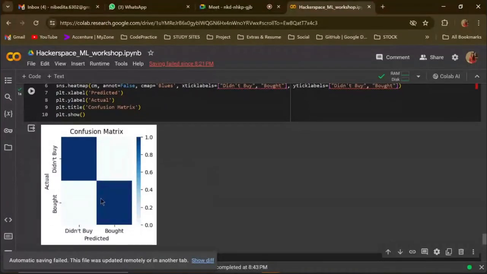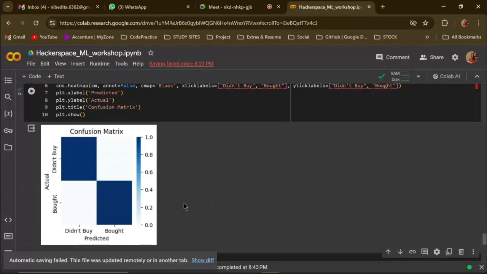Okay, this bottom part is those who actually bought the house. So this part is where the predicted part says they did not buy the house, which means that actually the person bought the house, but the machine learning algorithm says that this person did not buy the house. Is this box.